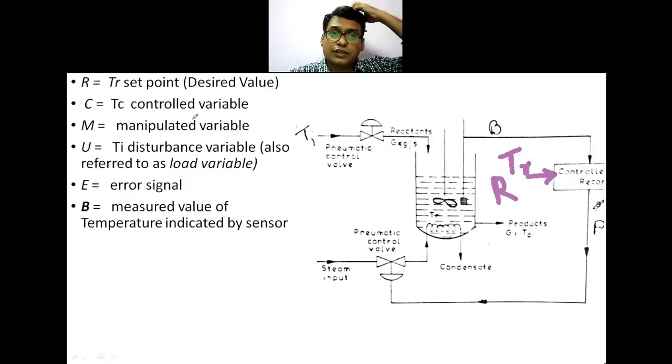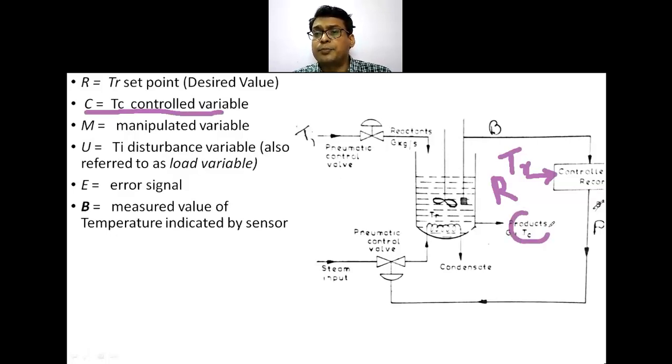Then there is a Tc, that is the controlled variable. Controlled variable is the desired product that should be at this temperature Tc. C is the controlled variable and having the temperature Tr.